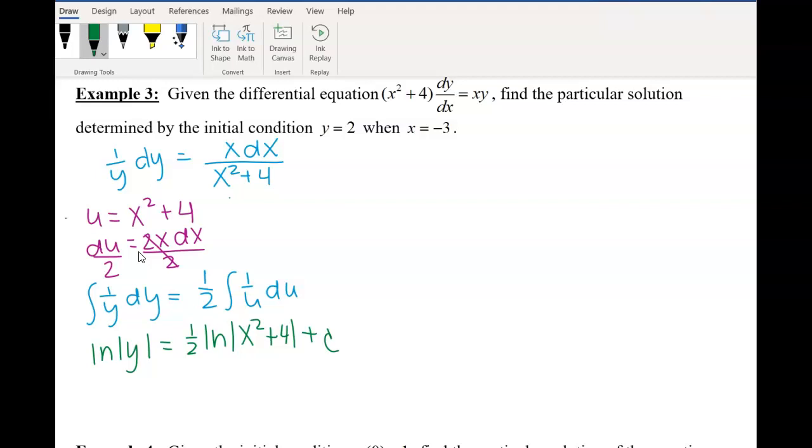At this point, I'm probably going to solve for my c value, because that 1/2 in front of the ln makes it messy. So I'm going to plug in those initial conditions to find my c.